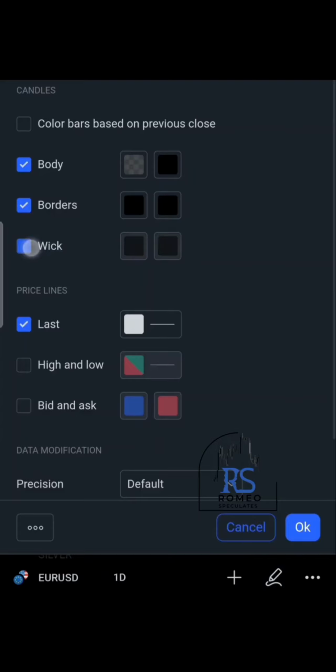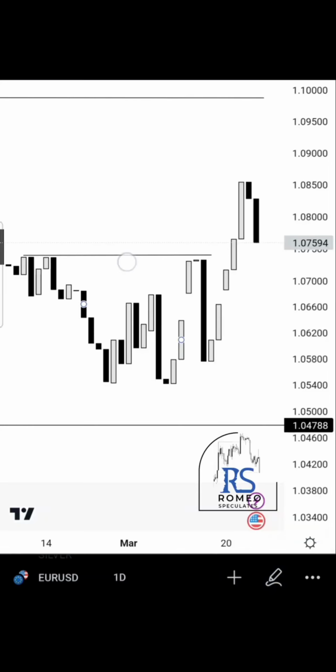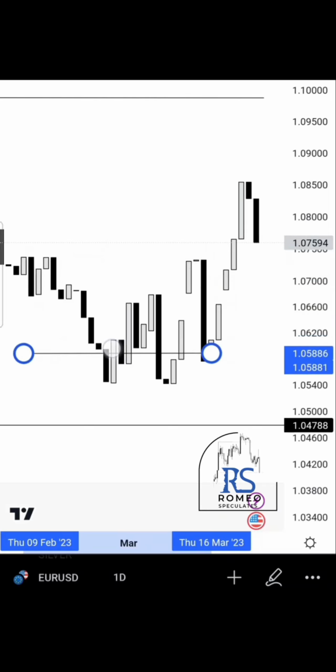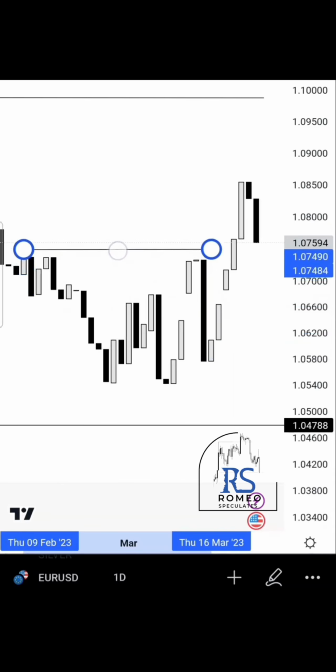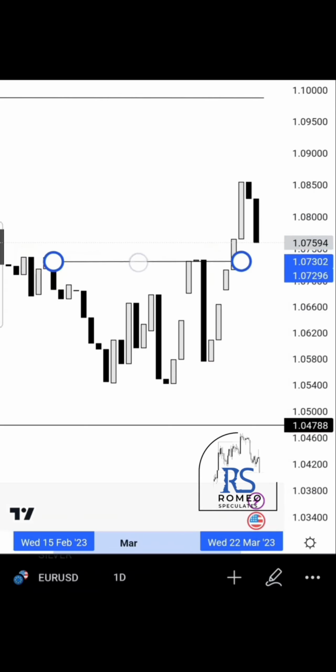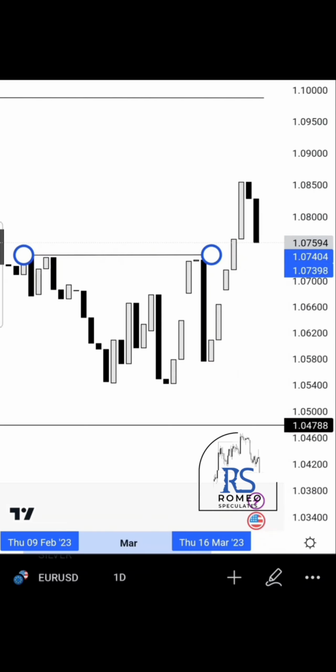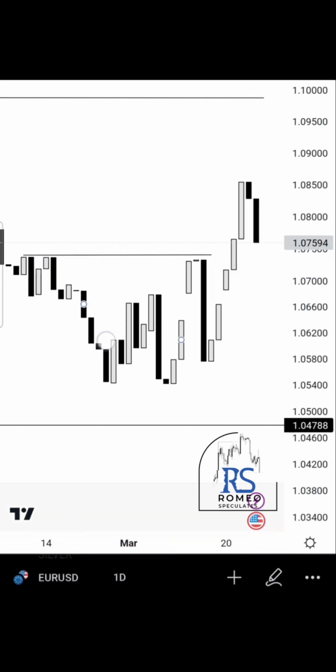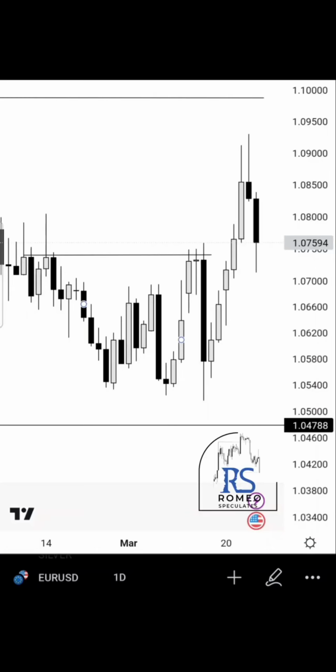If you remove the wicks, look how clean those bodies are. So levels like that, usually they are attacked more often than not. This is not just me parroting ICT. This is actually my observations and experience with what he's saying. So if you don't believe it, go back and check for yourself. Right?